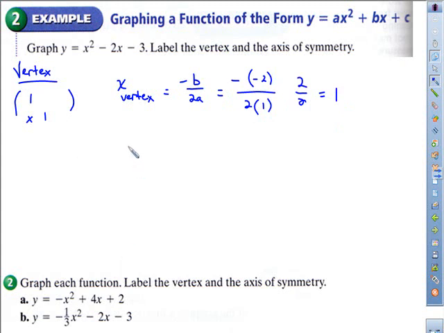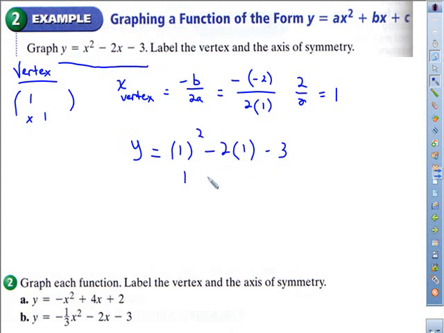To find the y value of the vertex, this was our problem: y is equal to this, so we're going to take x, which is positive 1, and plug it in for x. So we have 1 squared minus 2 times 1 minus 3. 1 squared gives us positive 1.